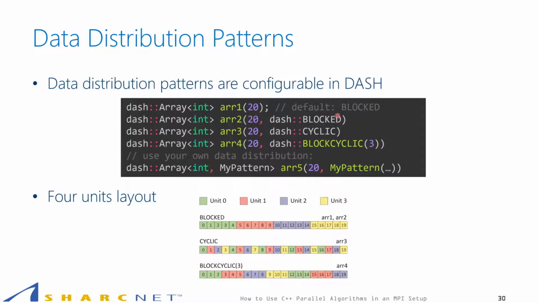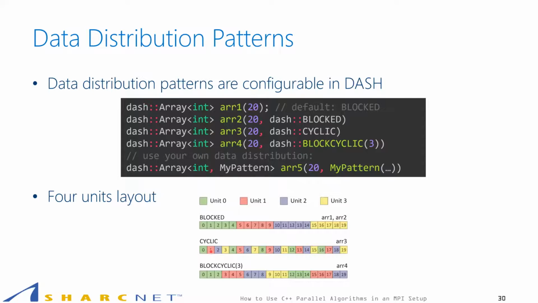The default one is blocked, which, using the formula that I showed you in the previous slide, calculates the size of the blocks and distributes the elements among the units like this. So 5 elements, for example, in this example go to unit 0 and the other 5 to unit 1, etc.